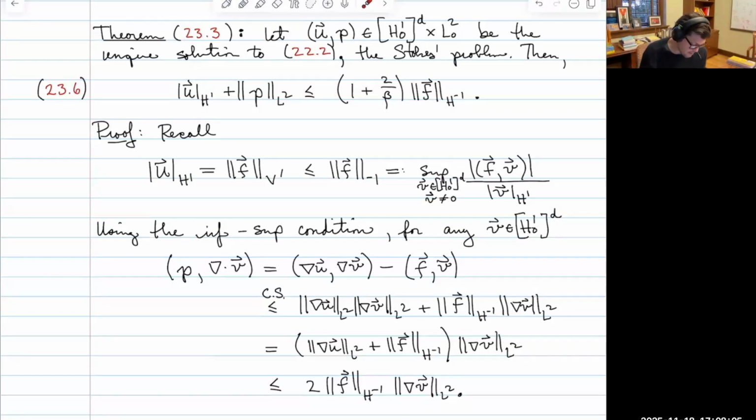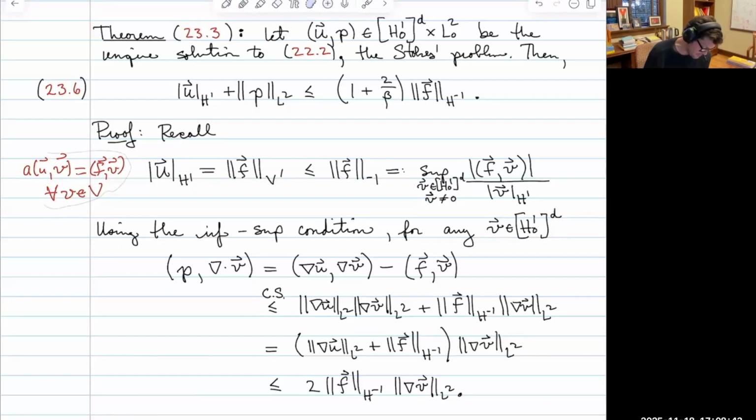So the first thing is that when we had a solution to A(u, v) equals f of v, for all v in V, using the Lax-Milgram lemma, then from Lax-Milgram you also get this result. You can show that the H1 seminorm of u is less than, or, oh no, actually this comes from Riesz's representation, sorry.